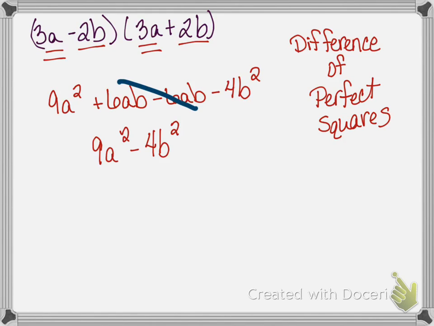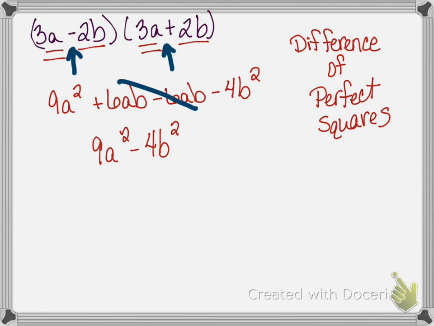Now, it's not imperative that you identify 3a minus 2b times 3a plus 2b as difference of perfect squares. But what you'll notice is you've got your 3a and your 2b, and you've got subtraction here. Then you've got 3a and 2b, and you've got addition here. That's what makes it difference of perfect squares.